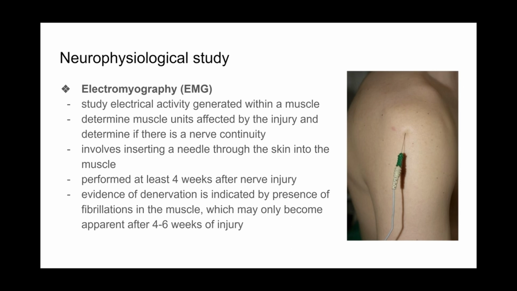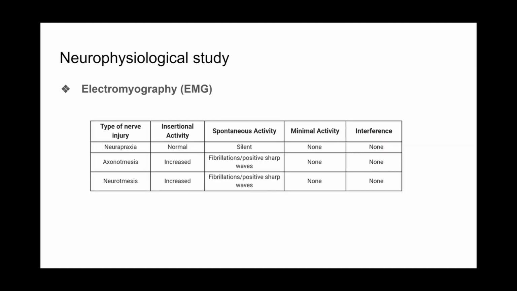This is because evidence of denervation is indicated by the presence of fibrillation in the muscle, and this will only be apparent after 4 to 6 weeks of injury. So basically for EMG, what we are looking for is muscle fibrillation if there is a nerve injury.